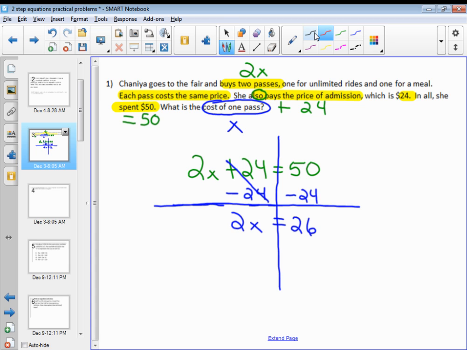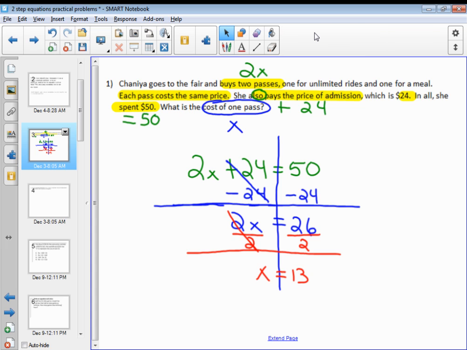Well, I know when I have a coefficient of 2, I need to divide, which is my inverse operation, both sides by 2. When I do this, I get an answer. X is equal to 13. The biggest difference when solving these problems, you need to make sure you have a unit with your answer. If I look back at my variable, it was the cost of one pass.